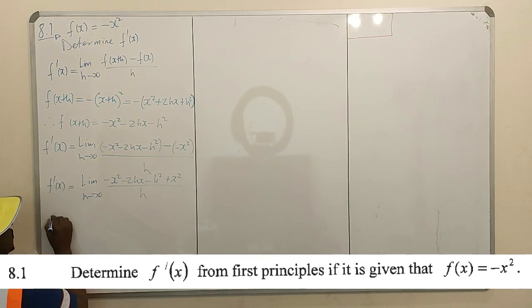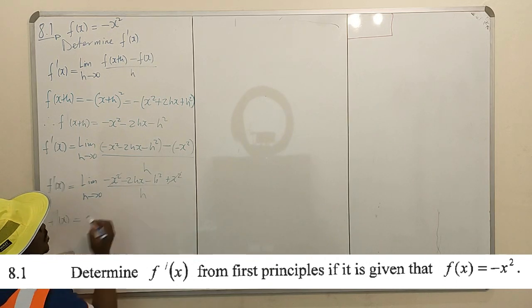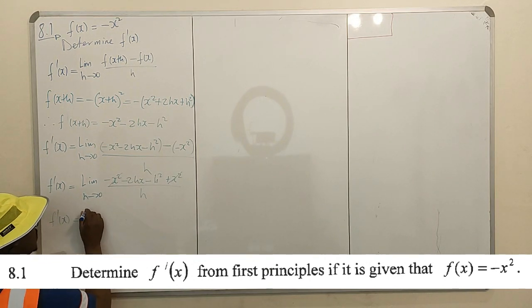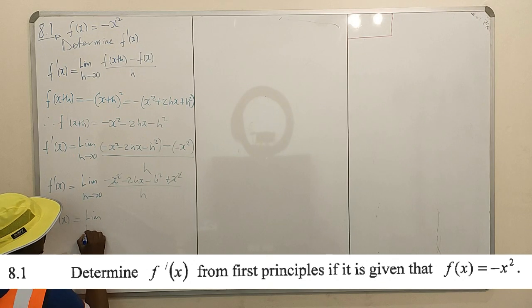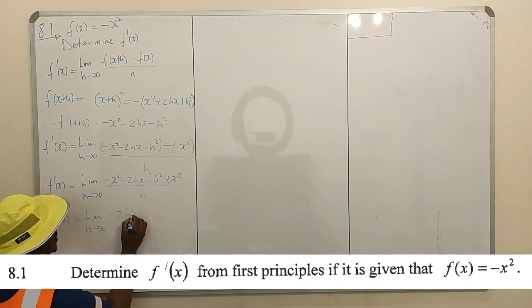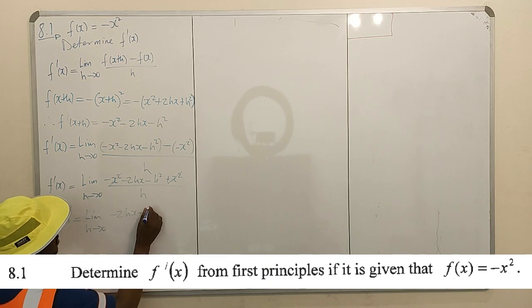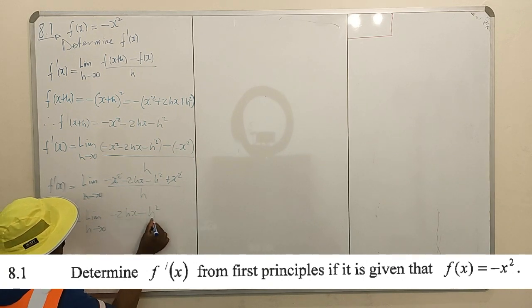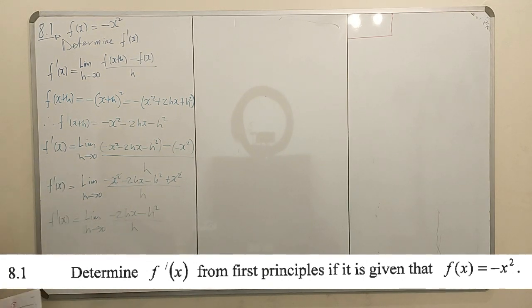Then on the next step, you group your like terms, so this and that go away. So you're left with the limit as h goes to 0 of negative 2hx minus h squared, all over h.